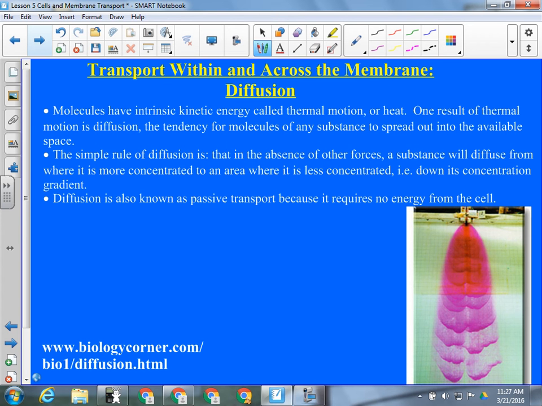Diffusion is the natural tendency of something to move from an area where it's in high concentration to areas of low concentration. It's very much like if someone in the room farts. If you're right next to the person who farted, it's bad because it's very concentrated there. But if you're on the other side of the room, by the time it gets to you, it's dissipated.